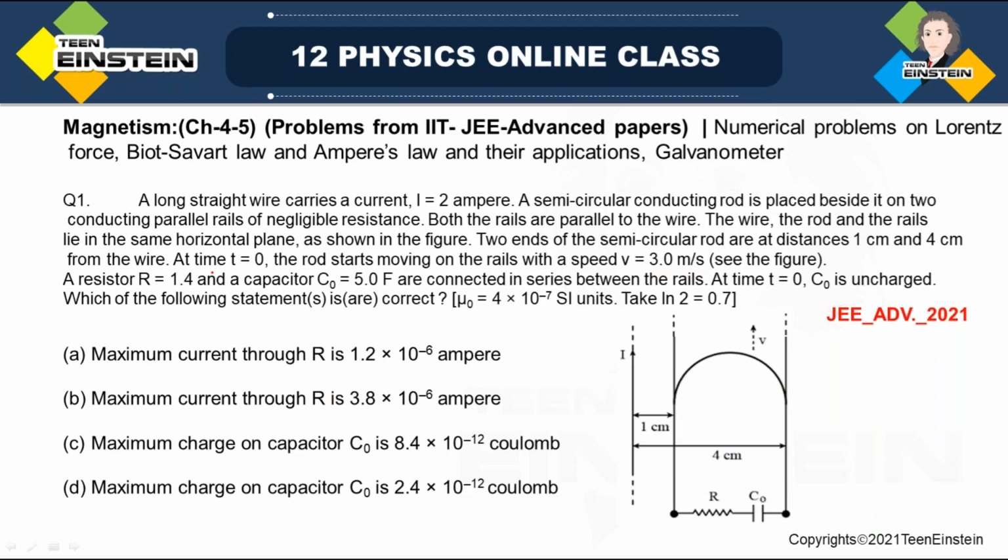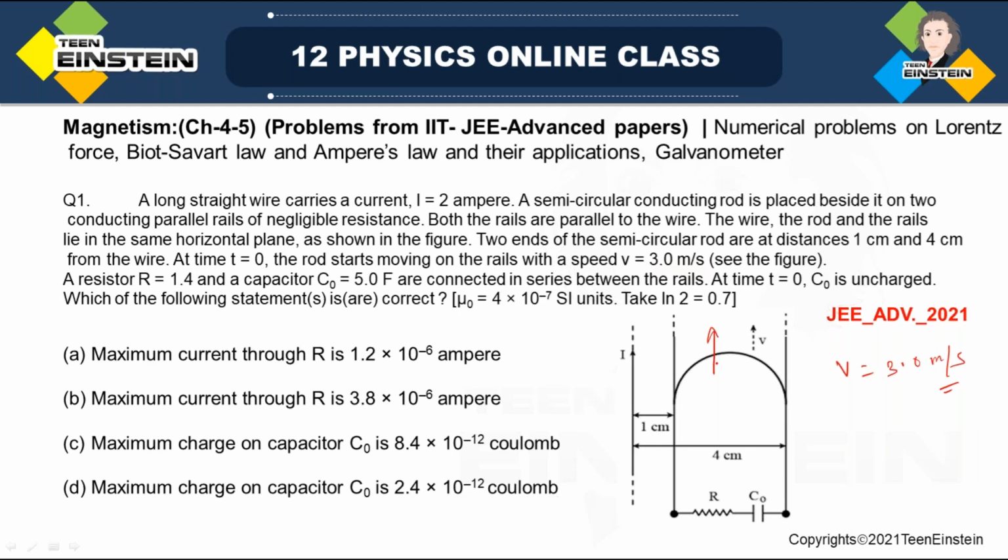Now, at time t equal to 0, the rod starts moving on the rails. See, you can see this, the rod is moving in this way on the rails, and the speed v is given as 3 meter per second, as you see in the figure.